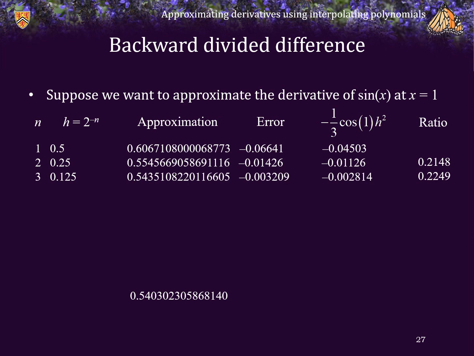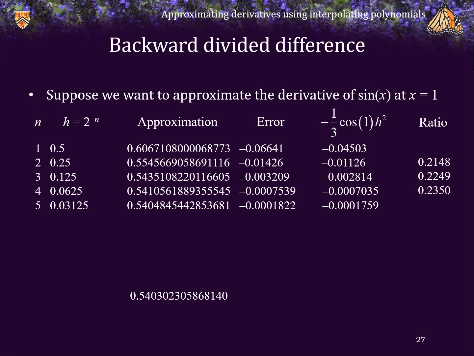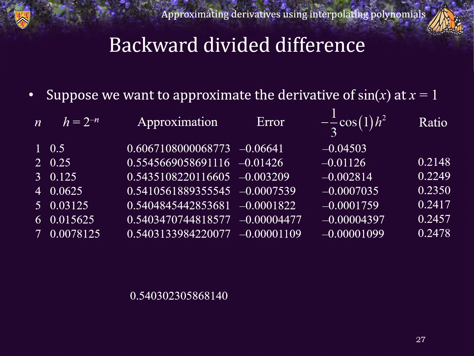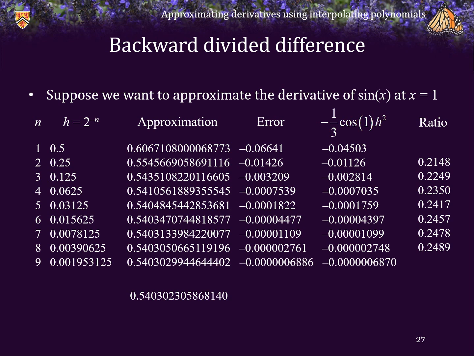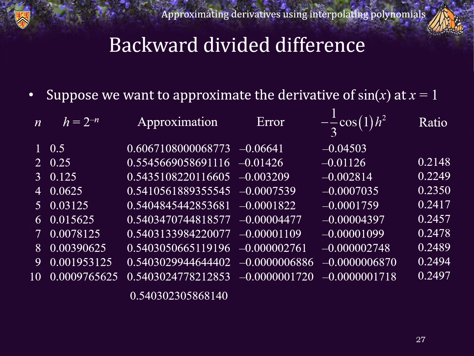But if we keep on going, you can notice that as h is reduced by a factor of 2, the error continues to drop by approximately a factor of 4. Not as quickly as before, but still true.